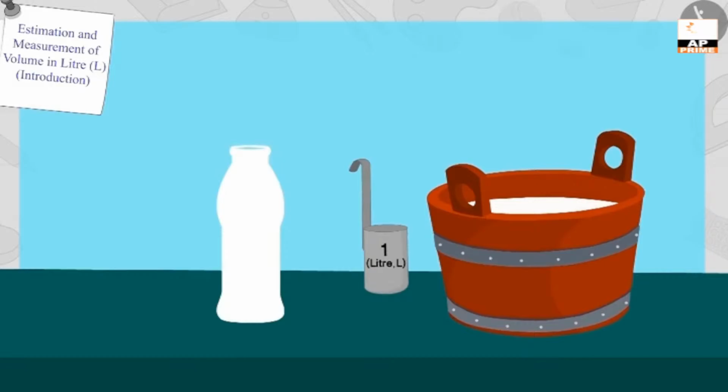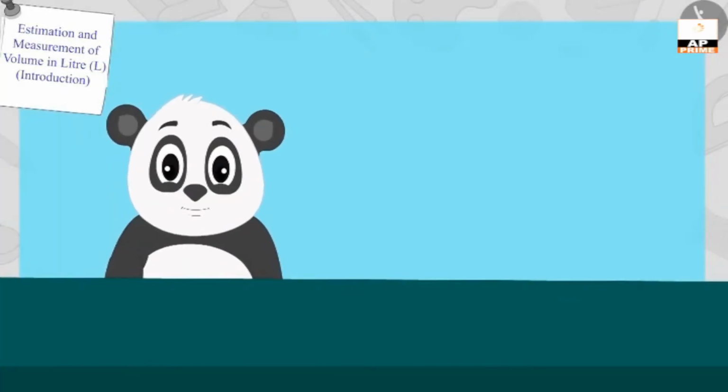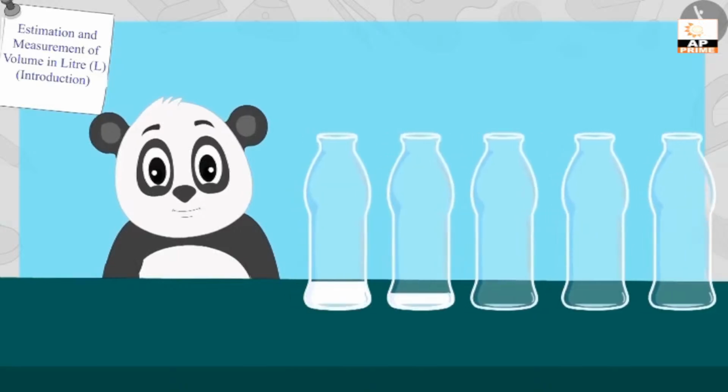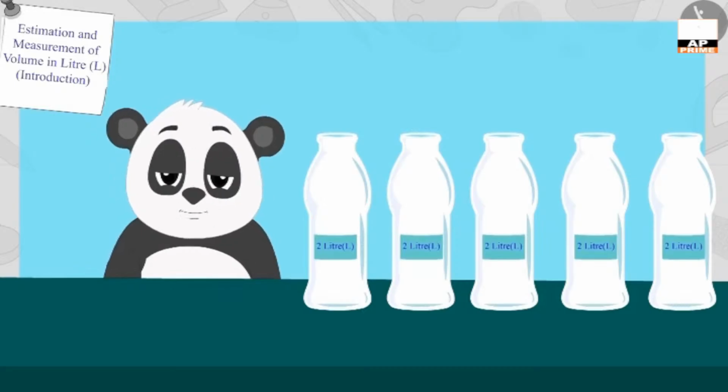Children, can you tell what is the capacity of this bottle? That's right. The capacity of this bottle is 2 liters. Golu immediately filled all similar bottles and put a 2 liter sticker on them in this manner.